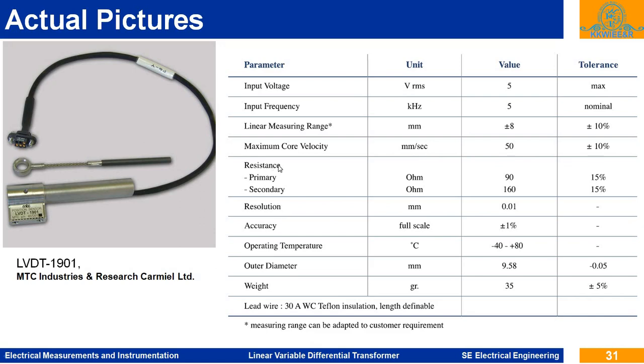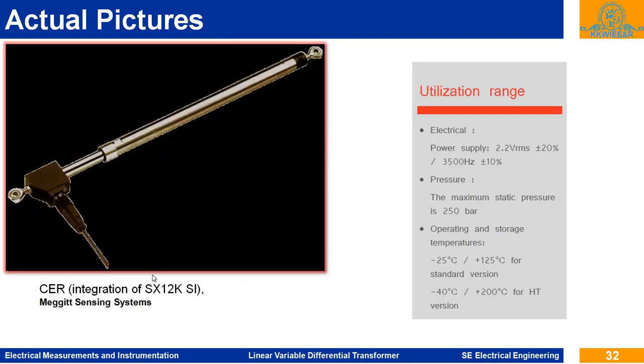Resistance of primary and secondary winding 90 ohm and 160 ohm, resolution 0.01 mm, accuracy ±1% for full scale, operating temperature -40 to +80, outer diameter 9.58 mm, weight 35 gram. So these are the specifications of LVDT 1901 of MTC Industries and Research.